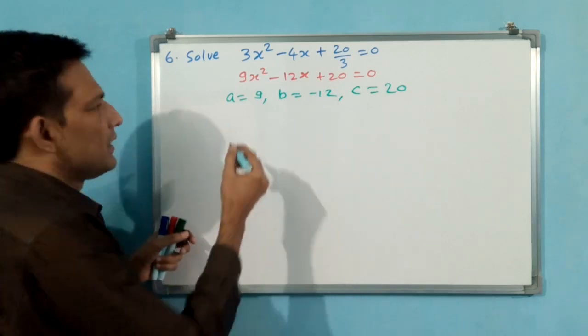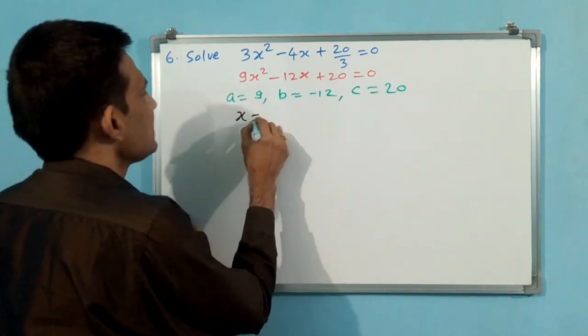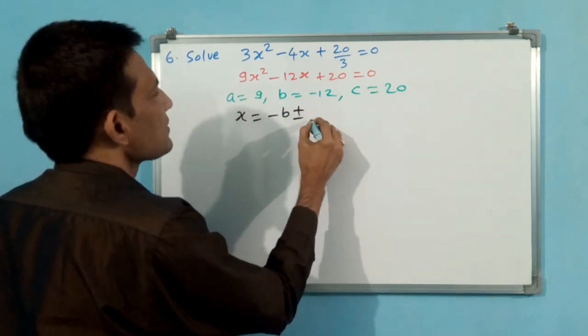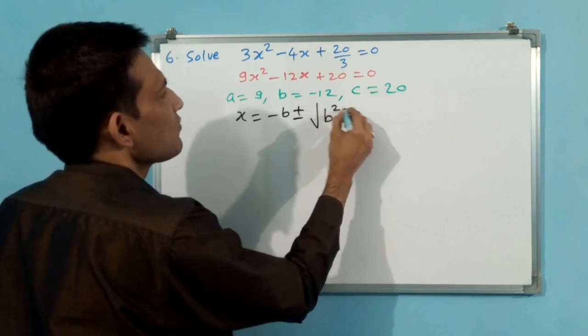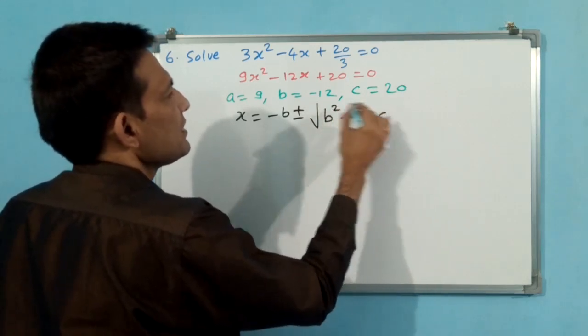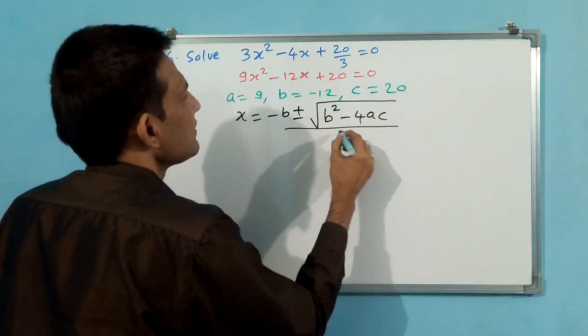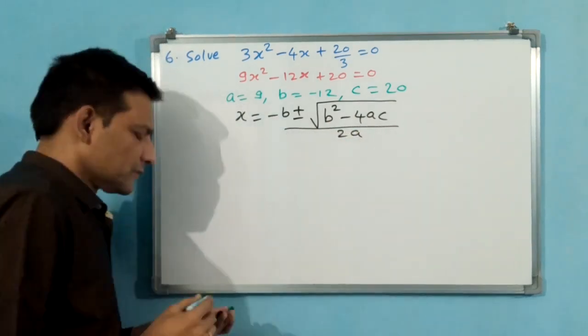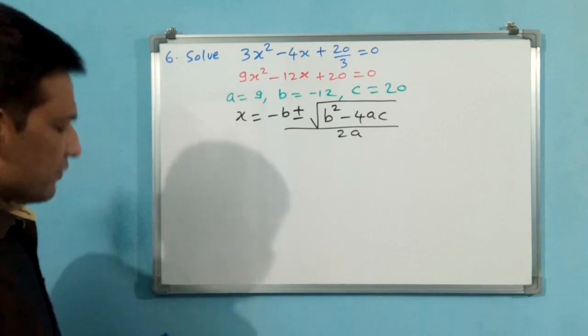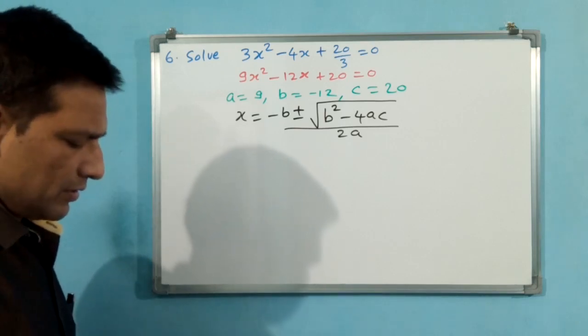Now we know the formula. That formula we write again. x is equal to minus b plus or minus square root of b square minus 4ac, by 2a. In this formula we have to substitute.